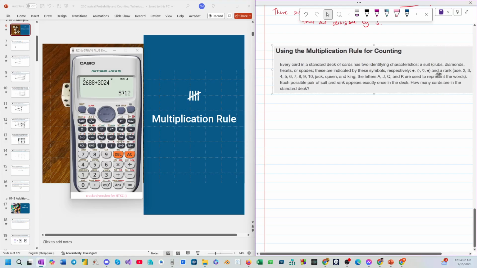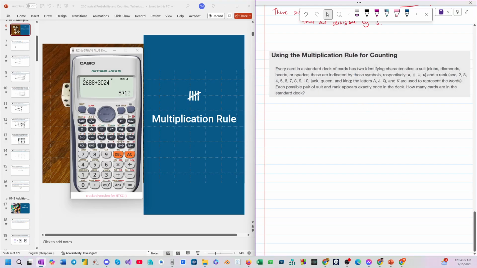So, we have every card in the standard deck of cards has two identifying characteristics. Okay. So, you have a suit, which is what? Club, diamond, heart, and spade. No, and the rank from ace to 10, jack, king, and queen.